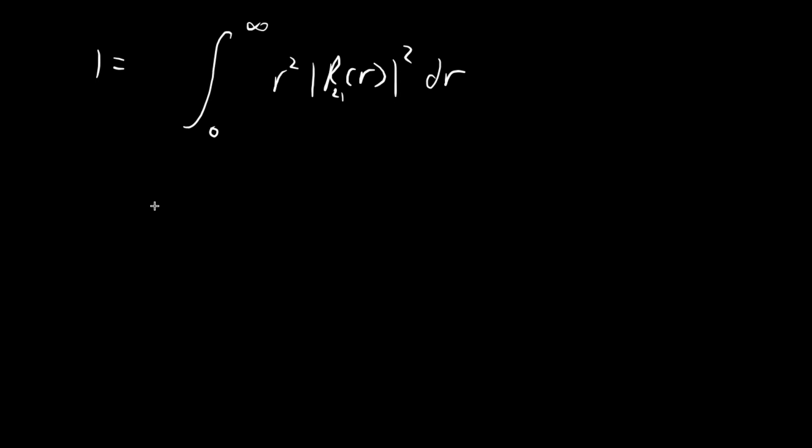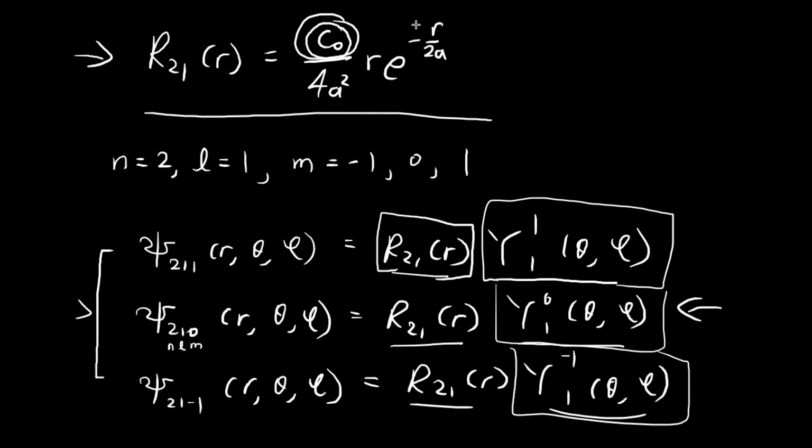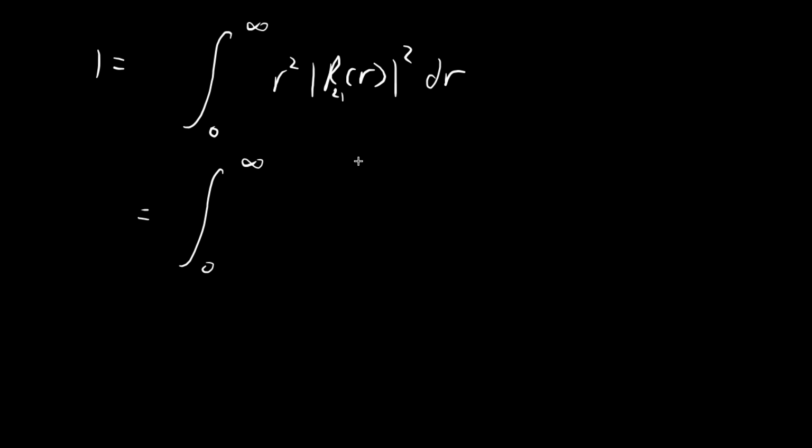So now what we're going to do is normalize this function. And so we're going to consider this integral. If we integrate from 0 to infinity, r squared times the absolute value of R21 squared dr, then this is going to be equal to 1. And so what we're going to do is take this expression and just square it.